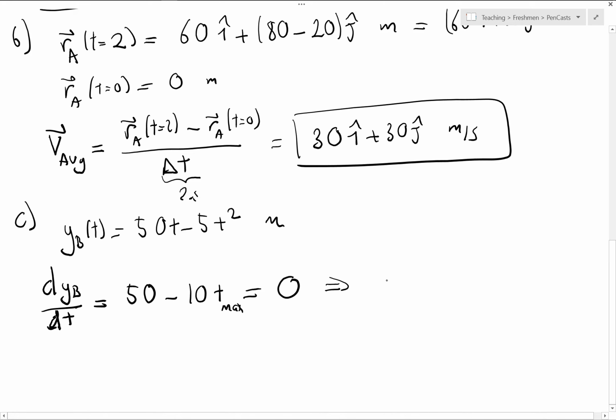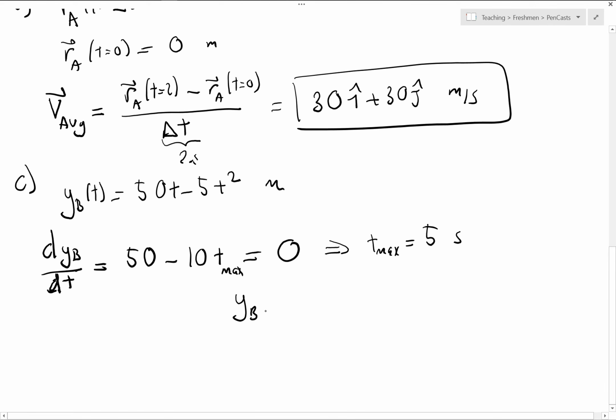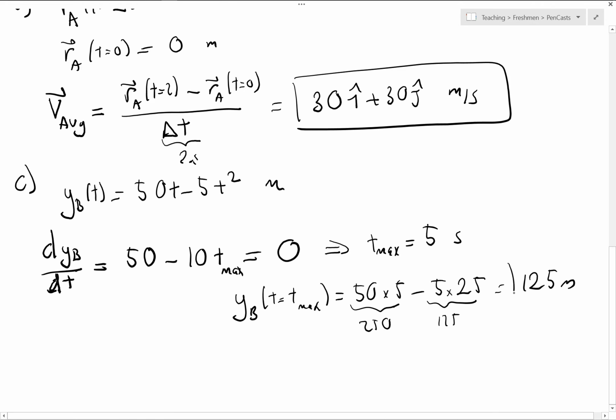So t max is 5 seconds, so yb at t max is 50 times 5 minus 5 times 25. This is 250, this is 125, so it's going to be 125 meters.